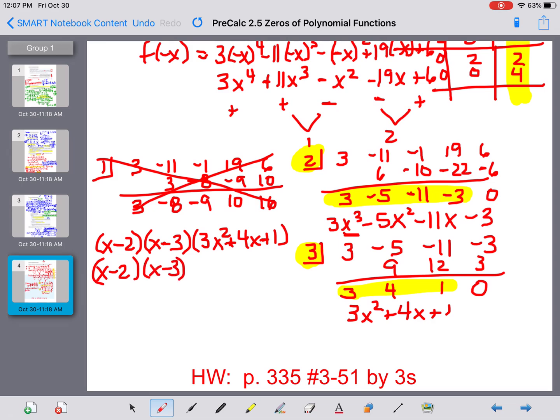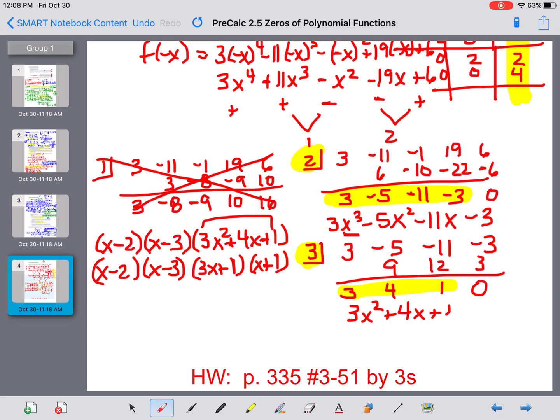I think there's only one way for 3x, and it's 3x and x. Basically, are there factors of 3 that add to make 4? Yes. So obviously this is 1 and 1, and everything gets a plus. Okay, so this is what my factors are, everything factors out.